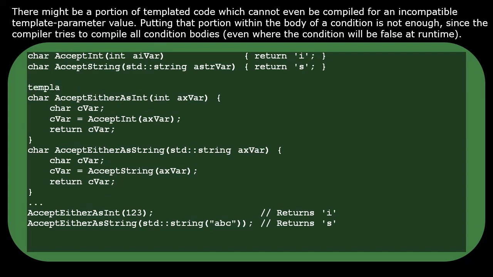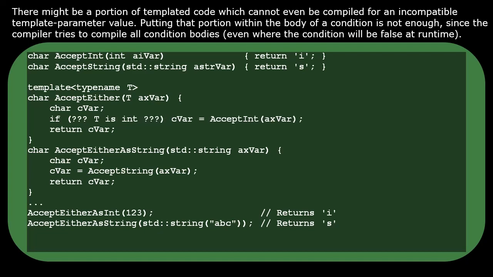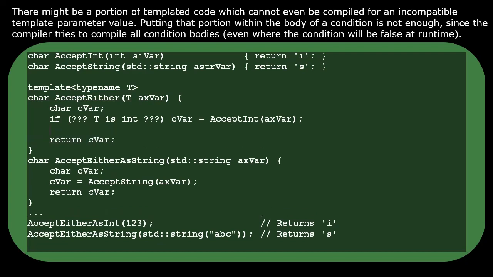Now, let's try to consolidate the two accept either functions into one templated function. We want to conditionally only use accept int for one specialization and only use accept string for another specialization.